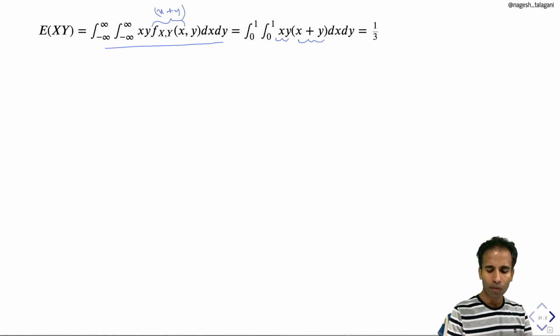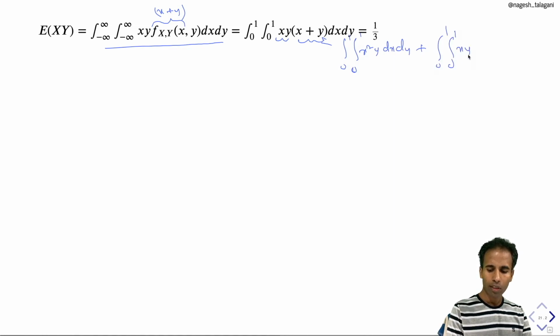First of all, you write this as the sum of two integrals: the integral of x square y dx dy from 0 to 1, plus the integral of xy square dx dy. First we are integrating with respect to x.